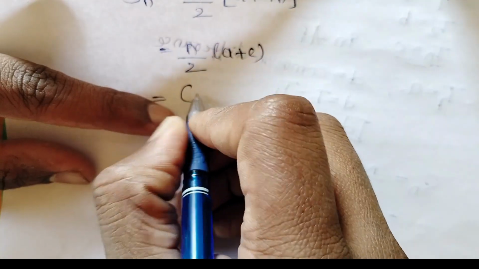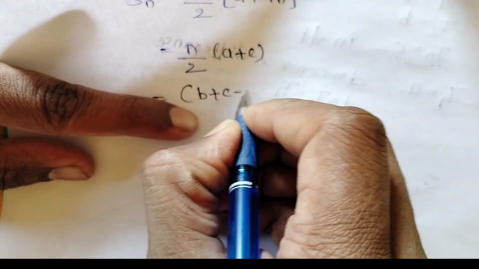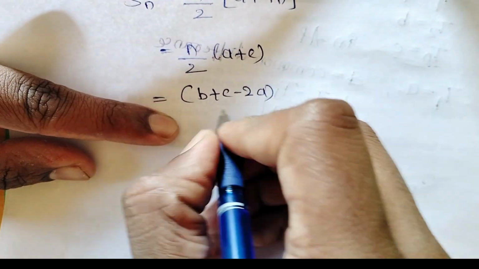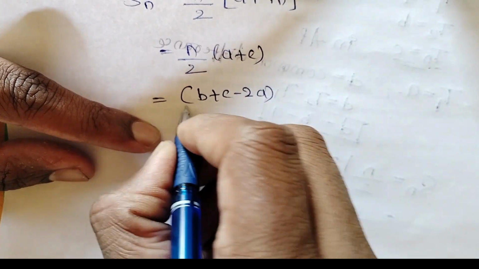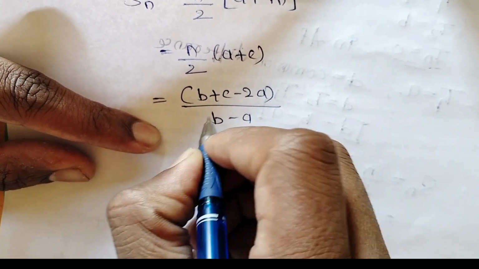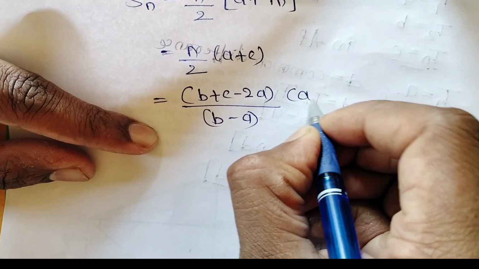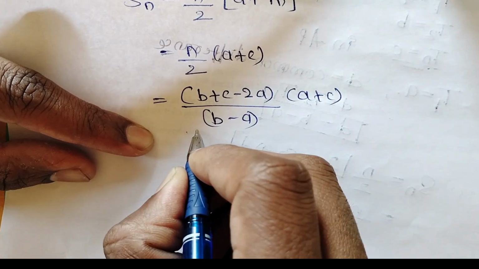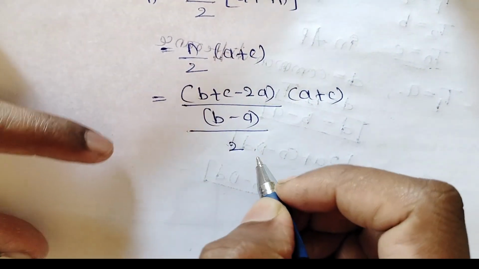That is replaced by (b plus c minus 2a) divided by (b minus a), times (a plus c), and the whole is divided by 2.